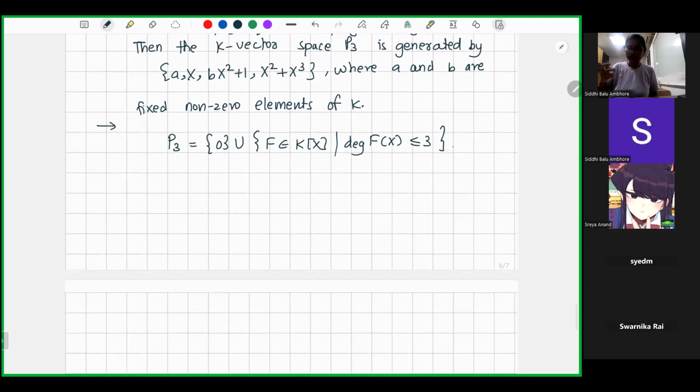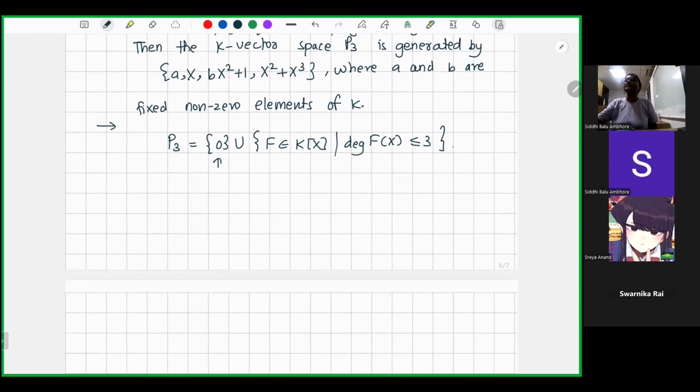Because it is difficult to define the degree of 0. When we talk about the degree of some polynomial, we check the degrees of the terms and say the highest one which has a non-zero coefficient.